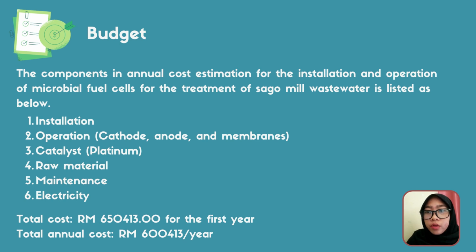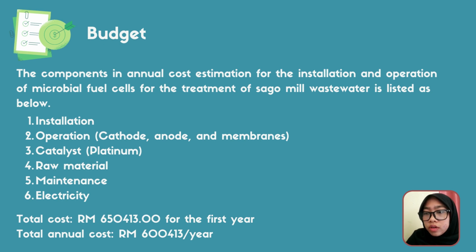For the budget, the components in annual cost estimation for the installation and operation of microbial fuel cells for the treatment of sago mill wastewater are listed as below. The first, installation; second, operation; third, catalyst; fourth, raw materials; fifth, maintenance; and lastly, electricity.